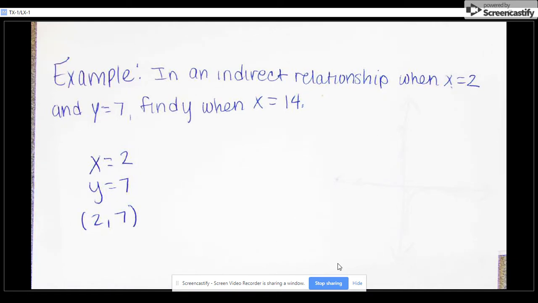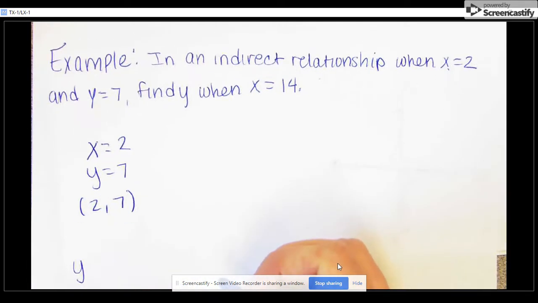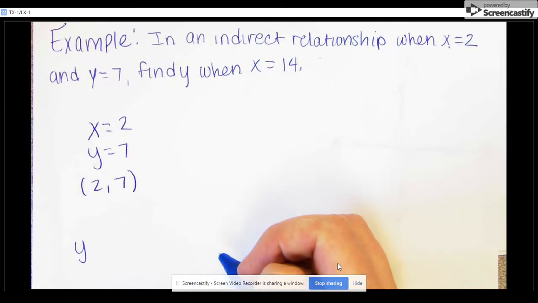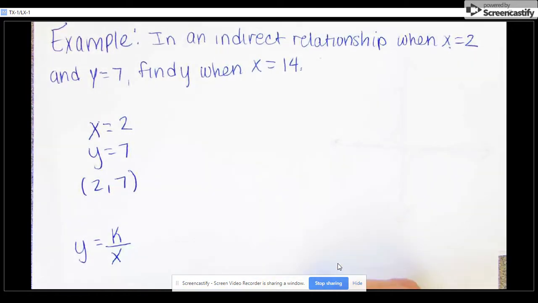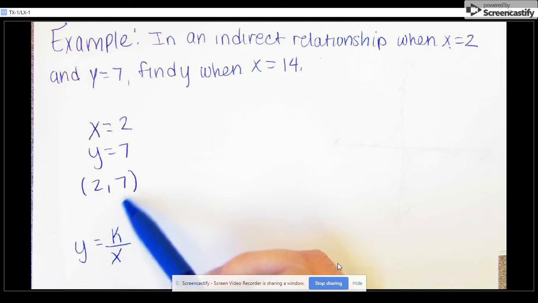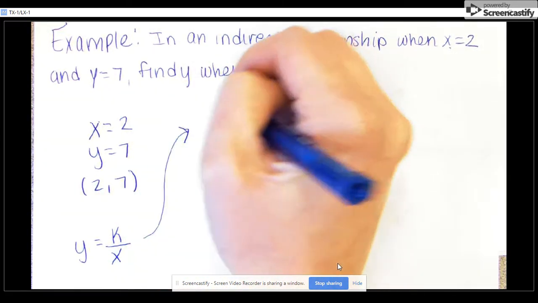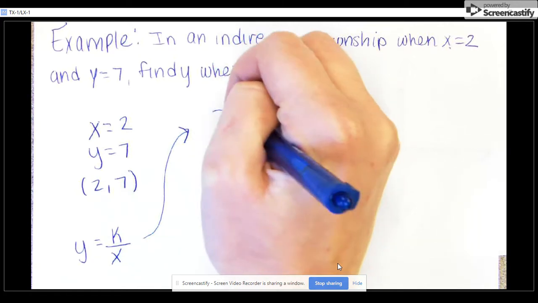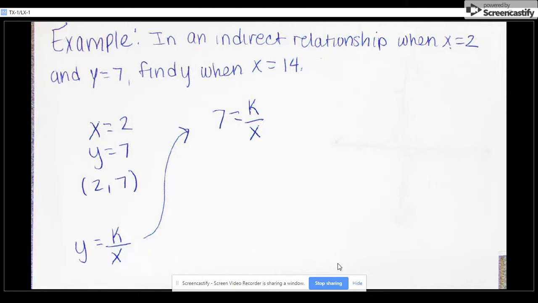Now I'm going to plug the numbers into the new inverse equation, which is y equals k over x. I don't know what my k value is, and that's what I'm trying to find out. So I have y equals k divided by x, but I'm going to replace my y value with 7 and my x value with 2 to get 7 is equal to k divided by 2.